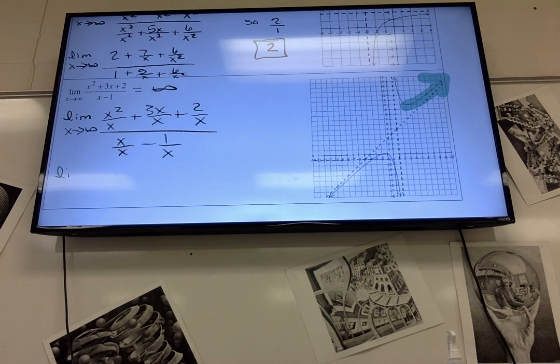So, simplifying, you get x plus 3 plus 2 over x, over 1 minus 1 over x.